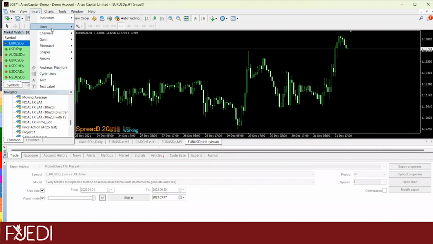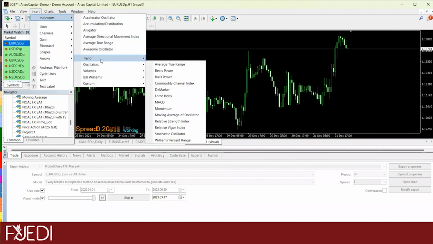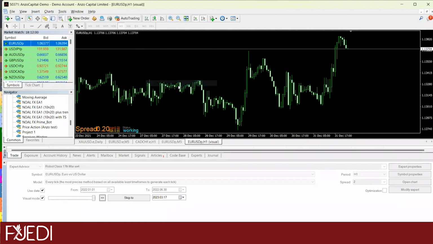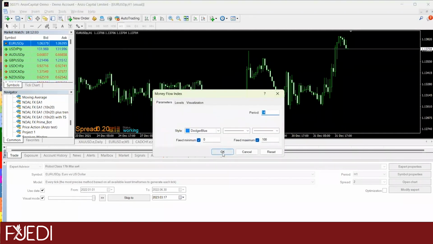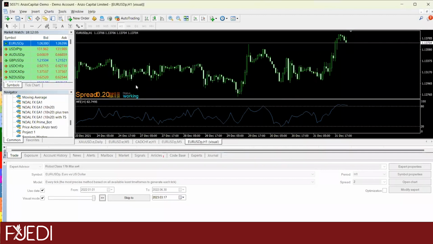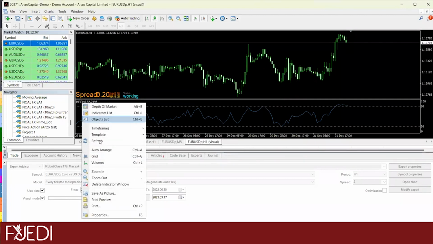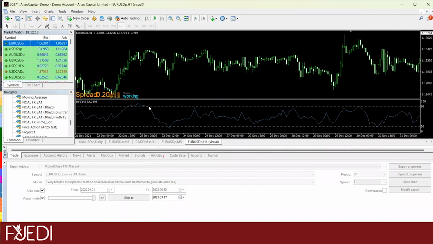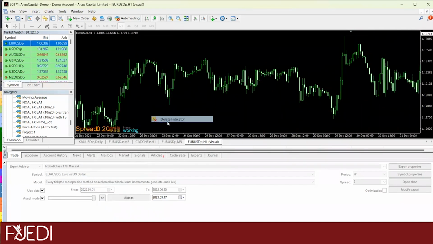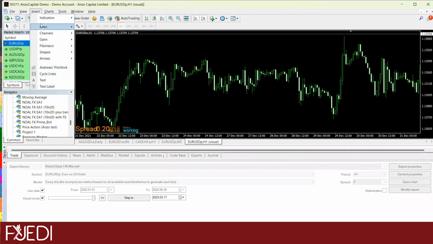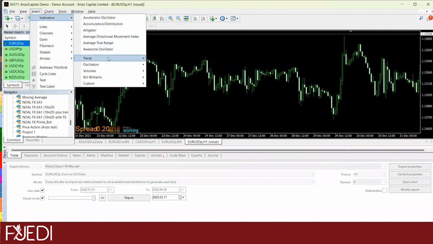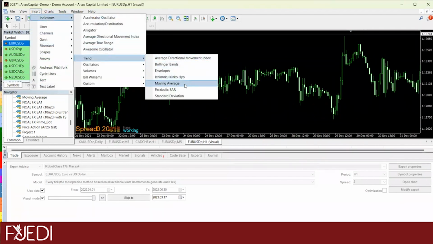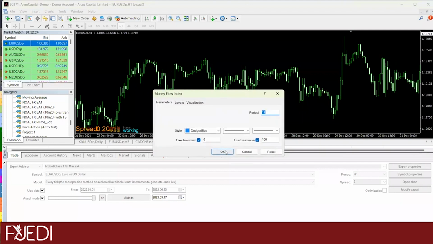Let's insert our indicators, trend, moving average, 20 period, blue. And then let's, no, that's wrong. Let's delete that. We don't want this one. I wanted to add moving average. I added it wrong. So insert indicator, trend, and then moving average.